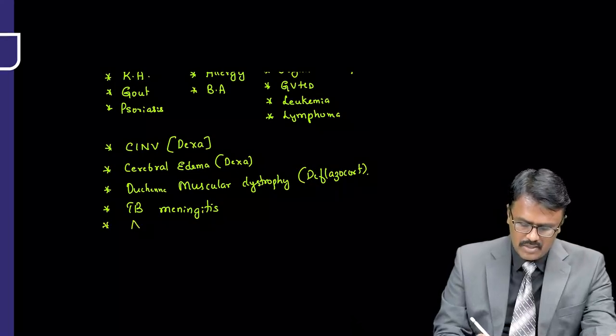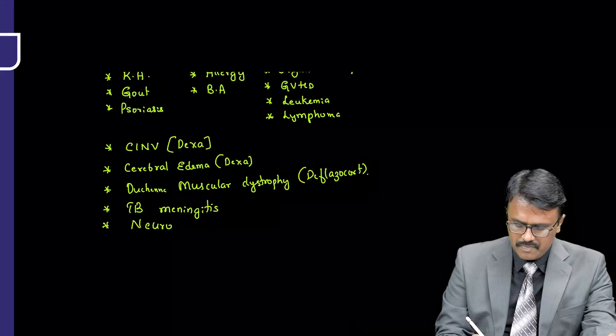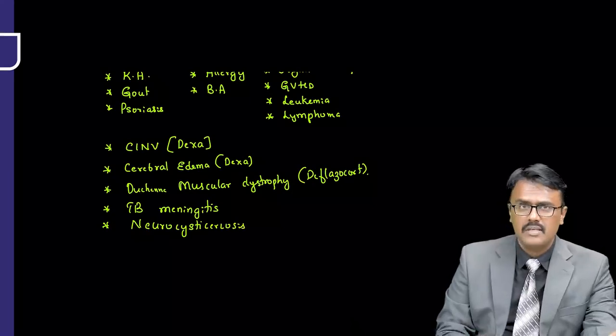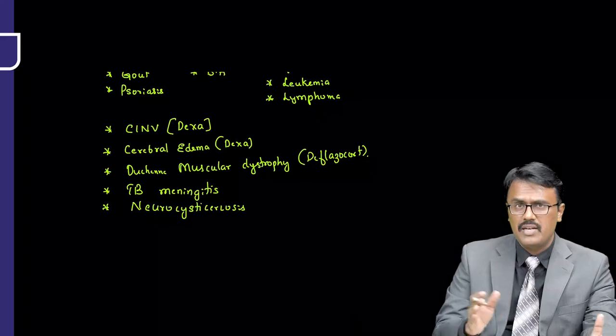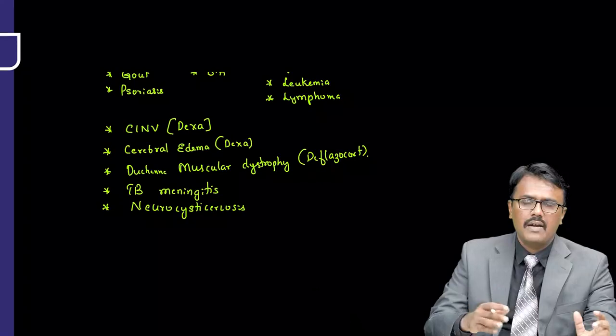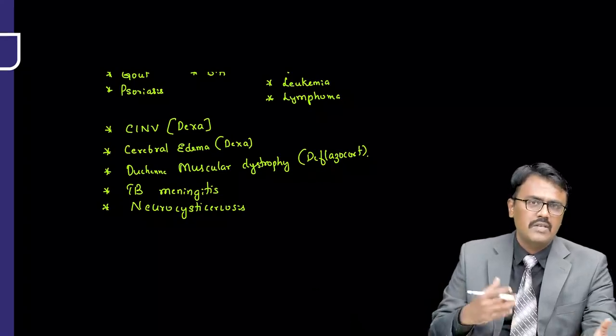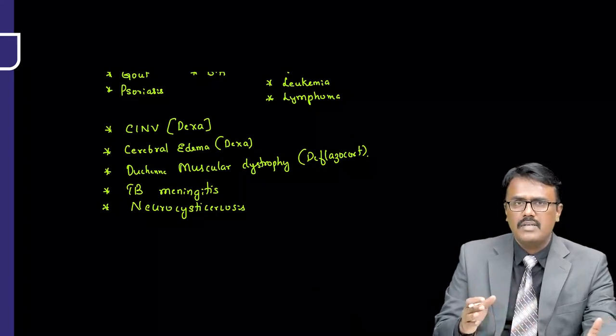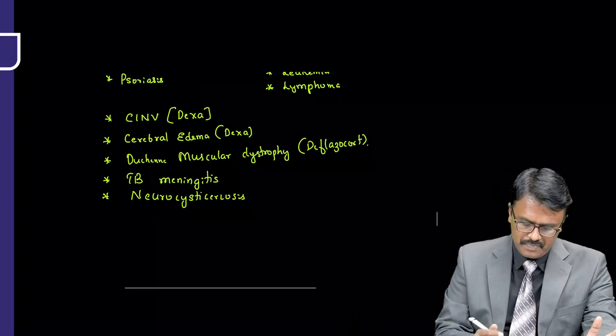Then one more condition is neurocysticercosis. We use an anti-helminthic drug and the drug of choice is albendazole. But when you are using albendazole, the larvae are released and they cause inflammation. Again, the patient will have seizures. So to avoid inflammation there also, we use steroids.